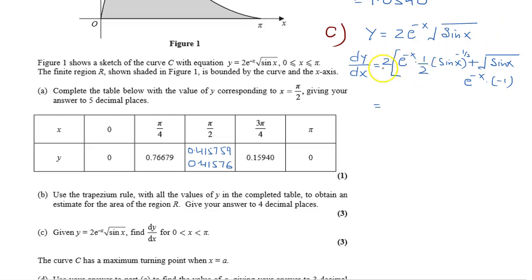So this 2 and 2 cancel, e to the power minus x is common, we can take it out, so this is 1 over root sin x plus, this is 2, this will be minus 2 root sin x.